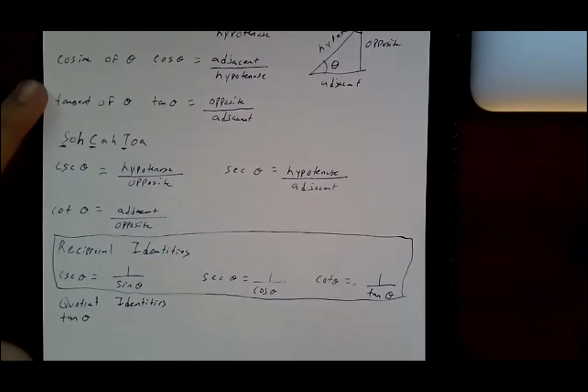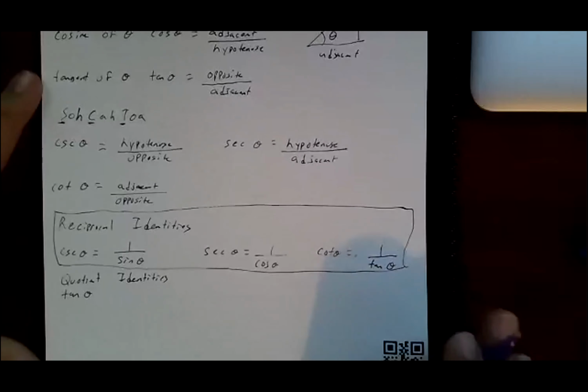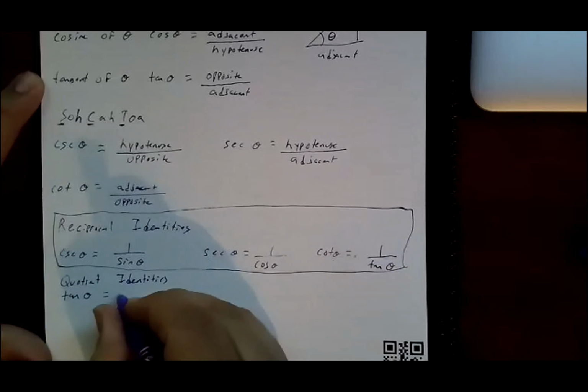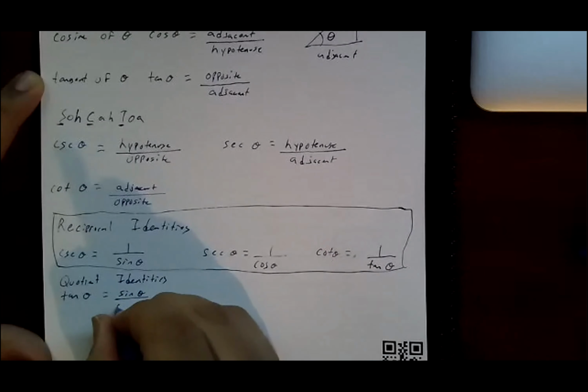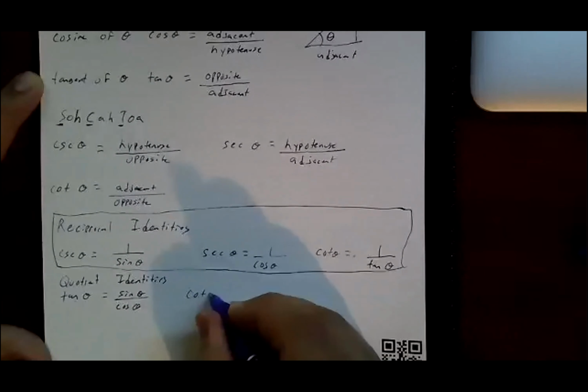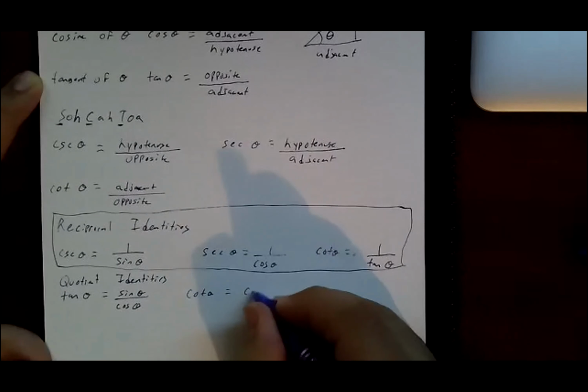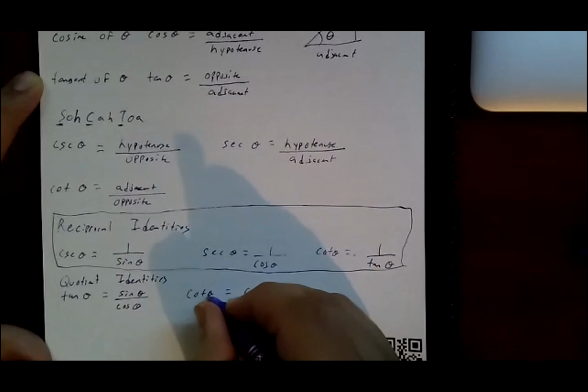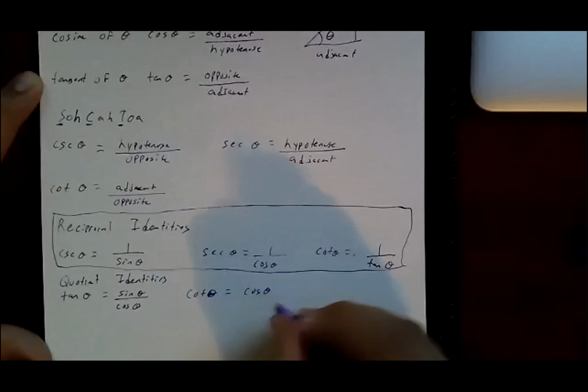All right, quotient identities. So the tangent can be written as sine theta over cosine theta. Cotangent can be written as cosine theta over sine theta. There's some more formulas or identities.